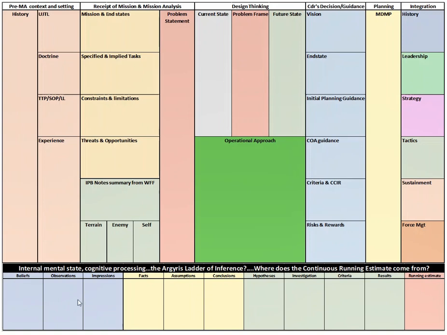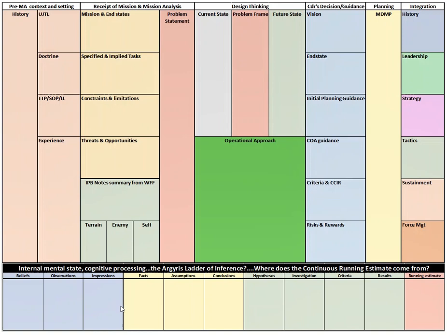And then we make observations about the world through our senses, and then we form impressions, probably from our intuitions or our spider sense or our feelings. Maybe they're not even put in words yet, but beginning to form mental pictures of what's going on.